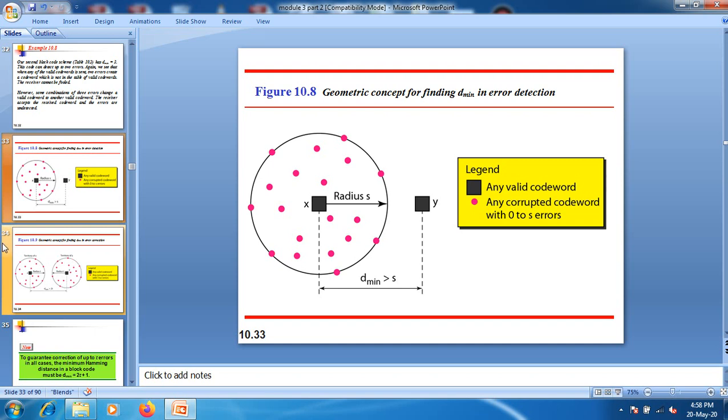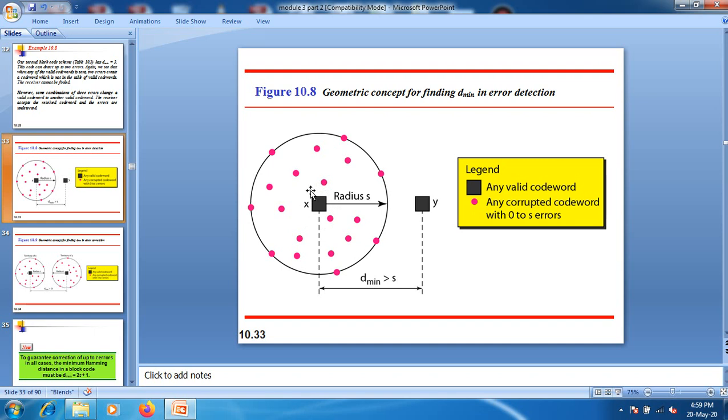I am transmitting a 0, that is the code word 000, which resides at the center of this circle.